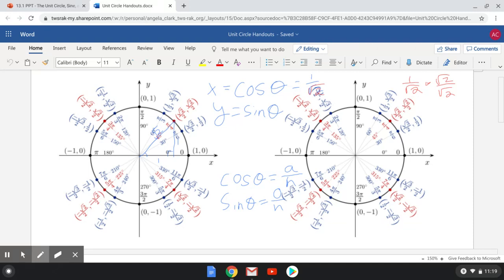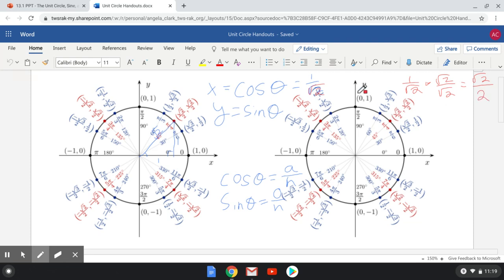So we're multiplying by square root of 2 over square root of 2, which is 1, so we're allowed to do that. So on top, we just get square root of 2. And on the bottom, square root of 2 times the square root of 2 is just 2, right? Because then I have the square root of 2 squared, and the squared and the square root cancel each other out. So this is just 2.